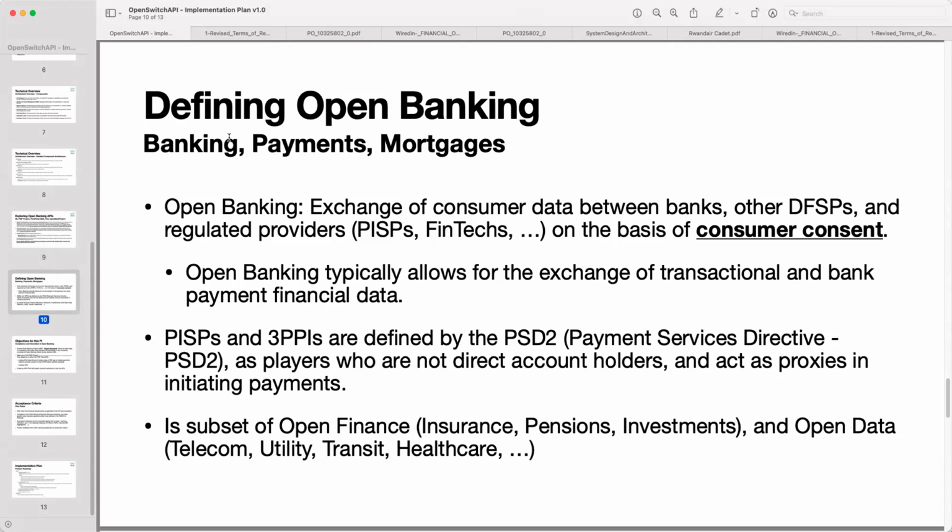So we will try to come up with something that abides by those global standards that exist. And then since we already have an adopter in Rwanda, we will also try to see if we can meet some of the specific requirements, because here we have a chance to build this open banking solution and immediately have some adopters.